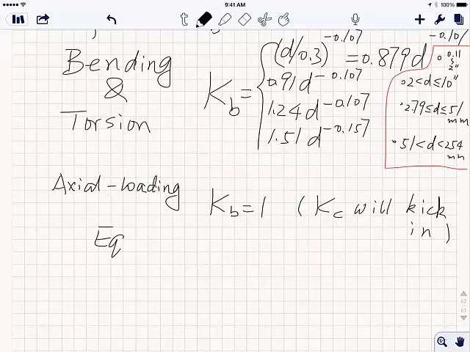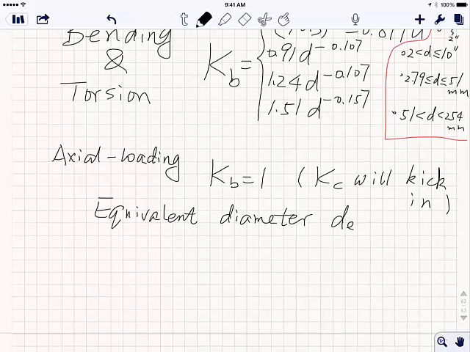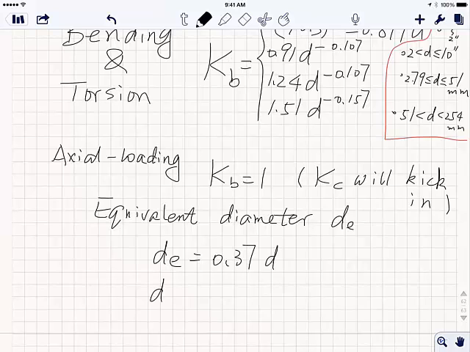So de equals 0.37 d, or equals 0.808 times the square root of h times b.